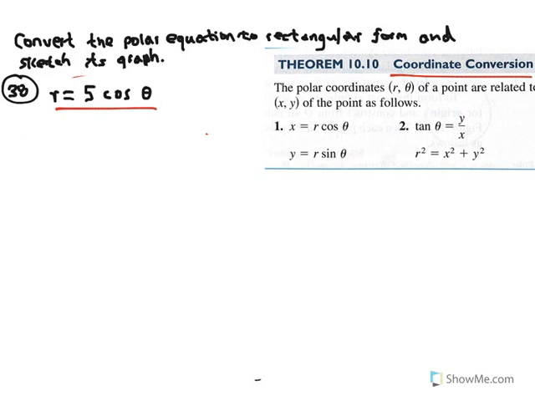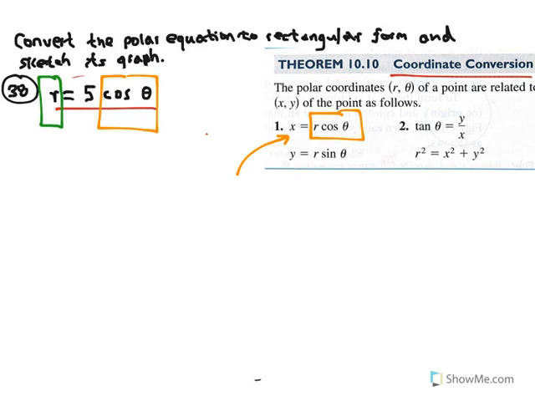So how do we use these coordinate conversion equations to help us go from our polar equation to a rectangular equation? Well, you'll notice that on the right side of the equation we have cosine theta. If only we had r cosine theta, we could replace that with x. And on the left side of the equation we have r.